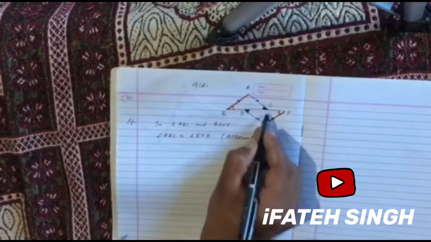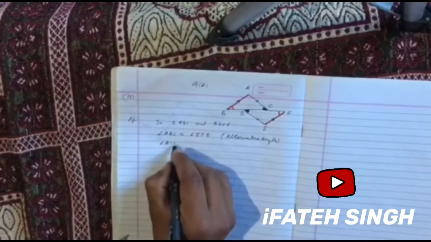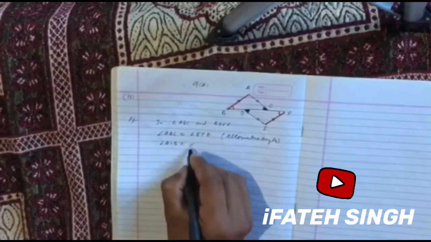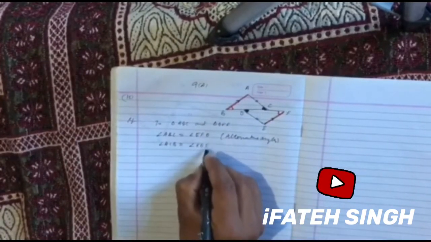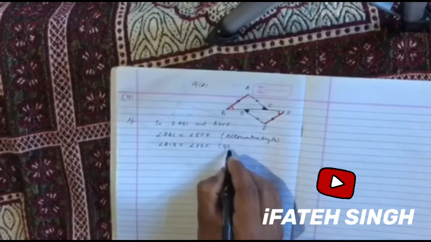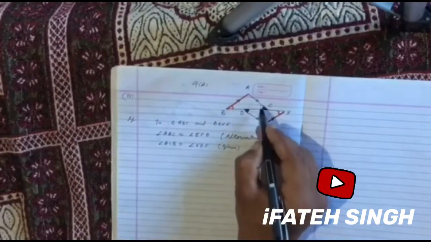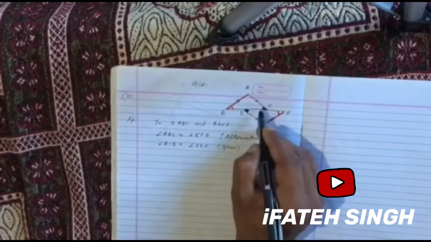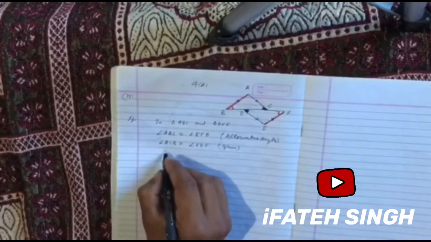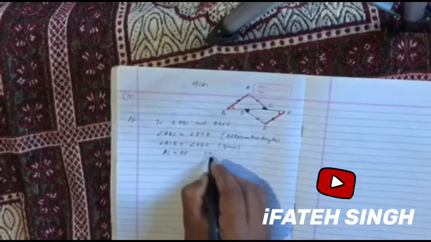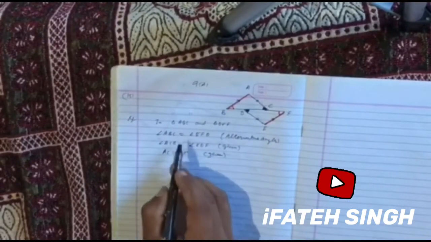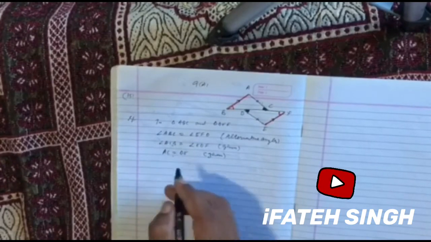Angle ACB is equal to angle EDF. It is given in the statement. And third thing is that these two sides are already equal. It is given AC is equal to DE. Two angles are given, one side is equal.